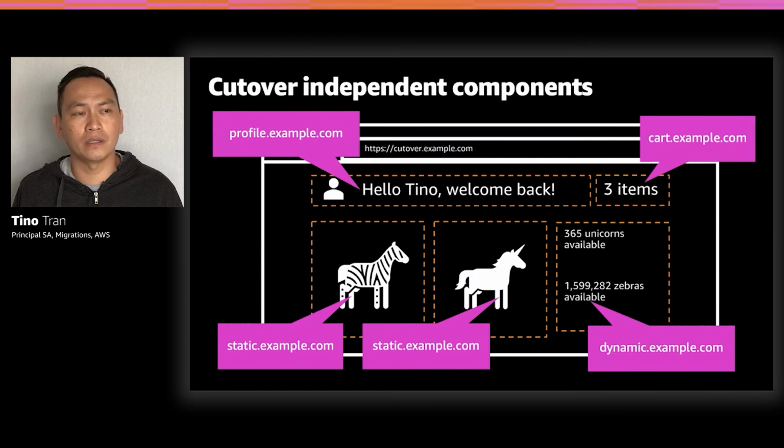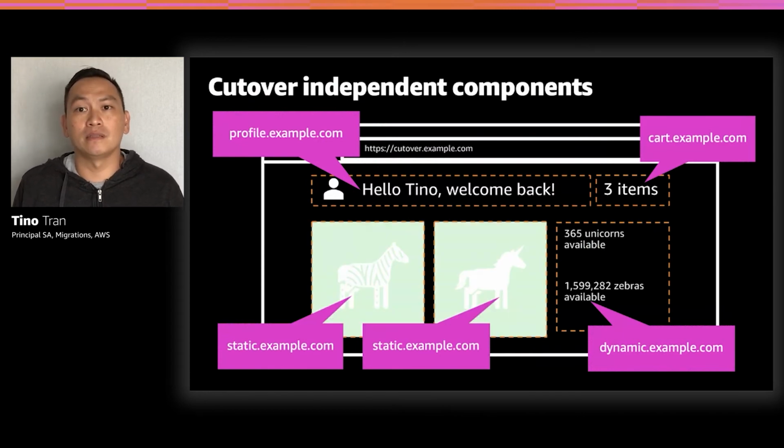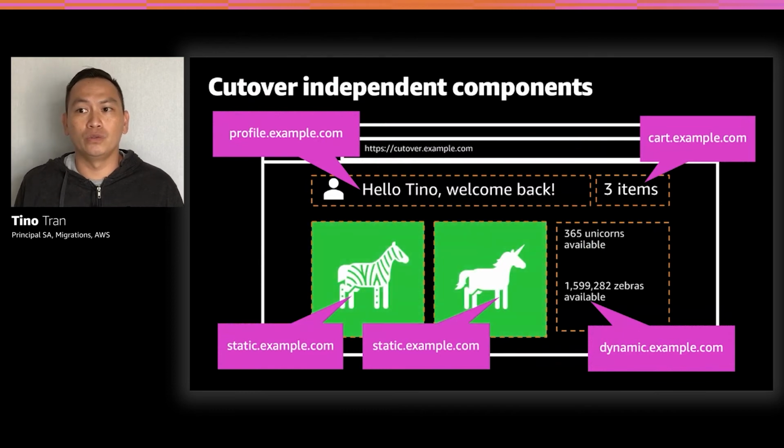Let's say I wanted to just move my static content to the cloud first and trial that out in S3 buckets. Let's say I move all of my files into an S3 bucket off of my file servers. I could simply update static.example.com to point to that S3 bucket and then gradually move parts of my application over to the cloud. So take into consideration how you organize your application and how you configure your application endpoints.